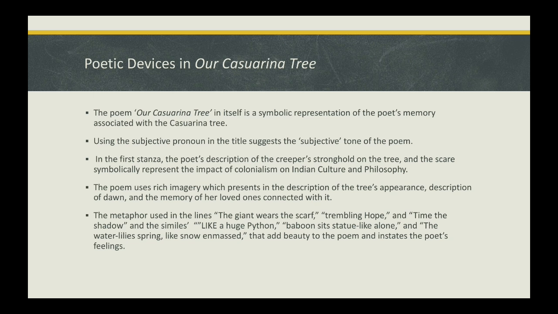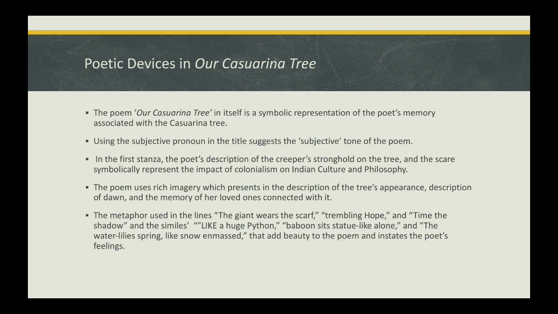And about the poetic devices in Casuarina Tree: symbolic presentation of the poet's memory associated with the Casuarina tree. So many symbolic elements are there, like the baboon is the symbol of loneliness, etc. Then the use of the subjective pronoun.